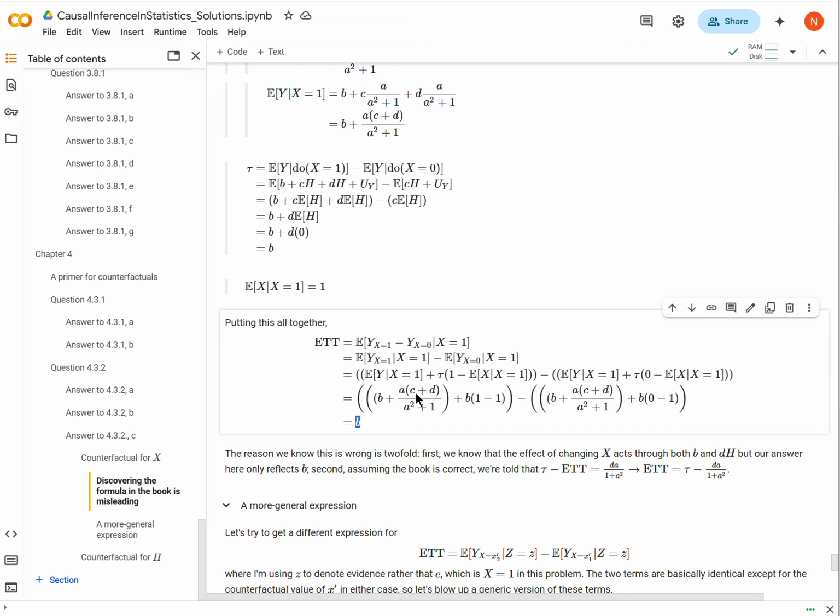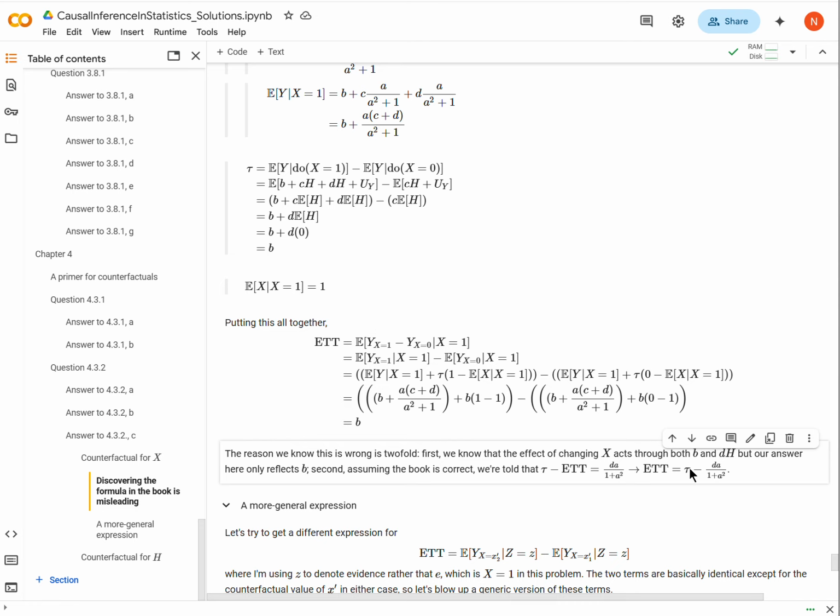All right. Well, this is probably wrong, and there's a couple reasons we might guess that this is wrong. One is the book on page 107 explains that the actual answer should be this. Okay, but we're not getting that. We're just getting b. And maybe tau is b like it was above.